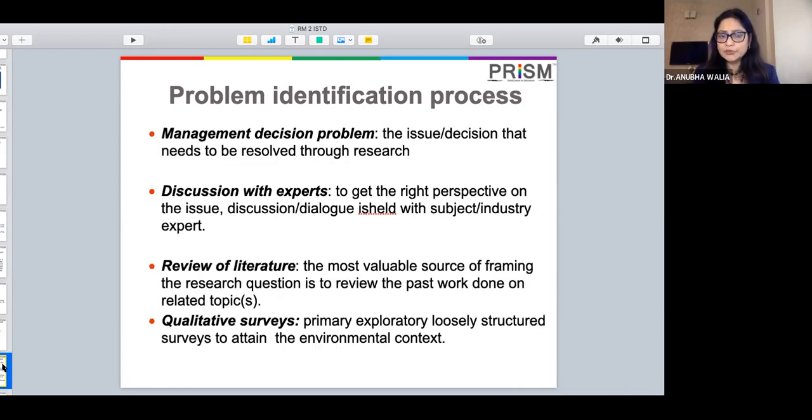Let's try and build on this further. The problem identification process starts with the problem because we really need to know what the issues are, what decisions need to be taken, and you need to have a discussion with the respective experts. So SMEs need to be there, and you really have to take care of the LR.